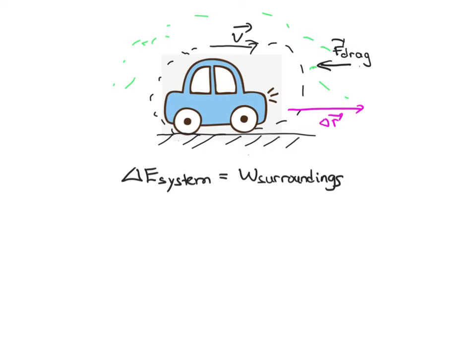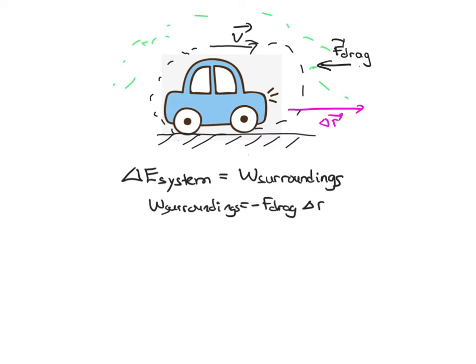And so the work done by the surroundings is just going to be equal to the magnitude of the drag force times the magnitude of the displacement, with a minus sign out in front, because as we just argued, the work being done is negative.